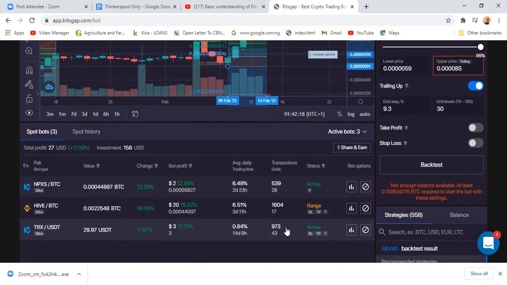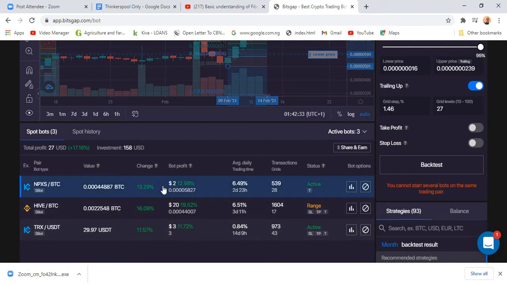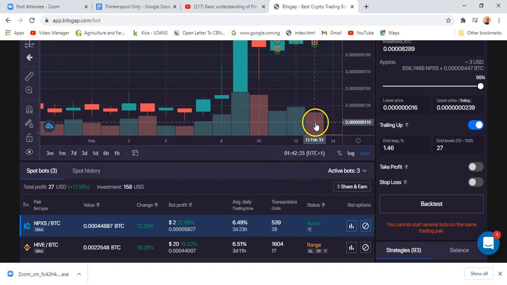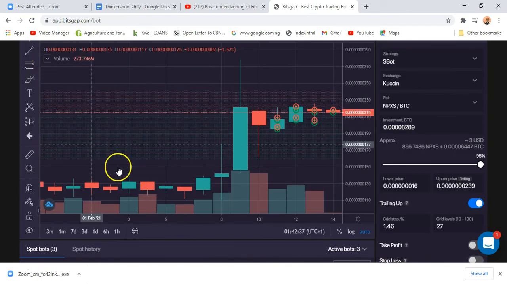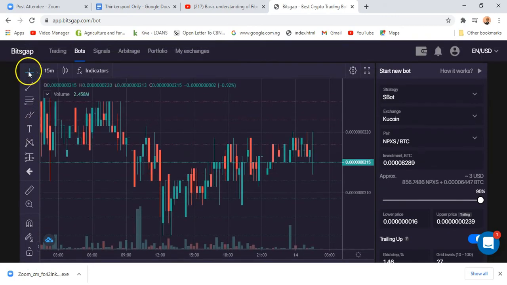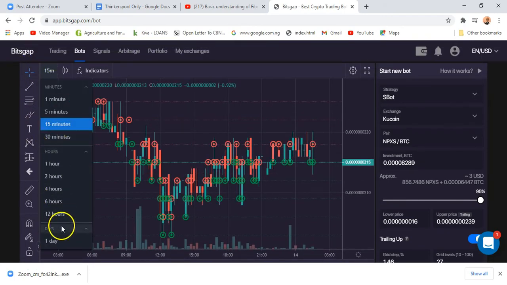Okay, the reason why I'm not launching several bots is because of the indecision that surrounds the market at the moment. But I'm quite comfortable with it because they are ranging pairs. So let me show you this. Okay, so you can have an idea of exactly what I'm talking about. Let me change this to 1 day, and change these candlesticks to 1 day also.